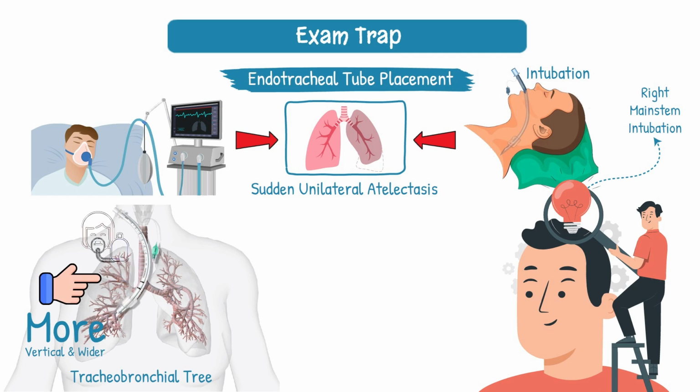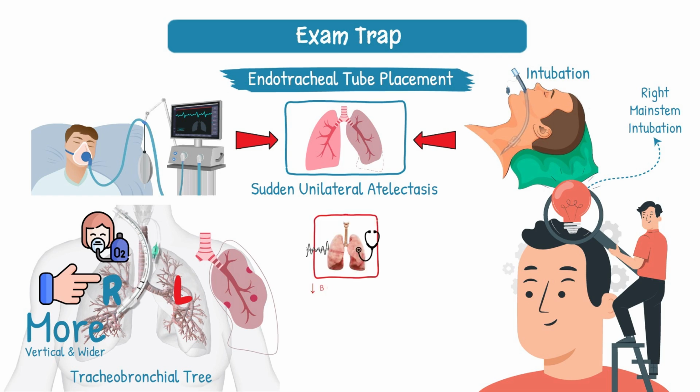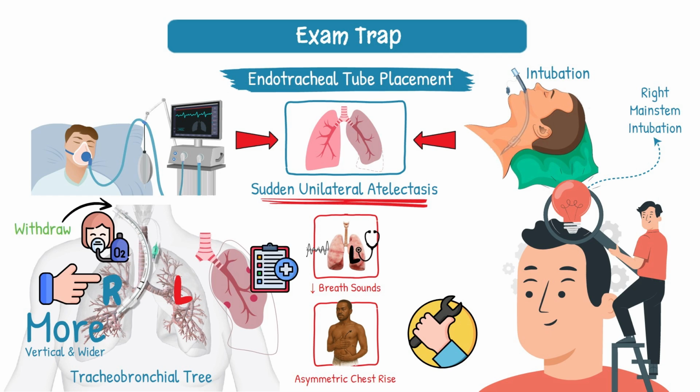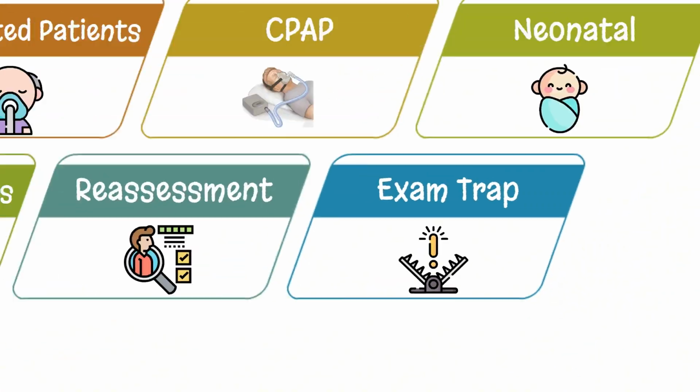This results in ventilation of only the right lung while the left lung collapses. If you see decreased breath sounds on the left and asymmetric chest rise, you should suspect this immediately. The fix is straightforward. Simply withdraw the endotracheal tube slightly and reassess for bilateral breath sounds. This is a classic board exam question, and knowing it can help you grab some quick, easy points.